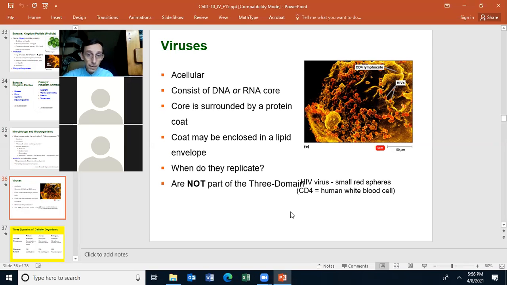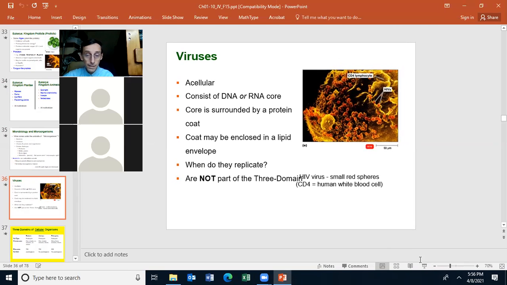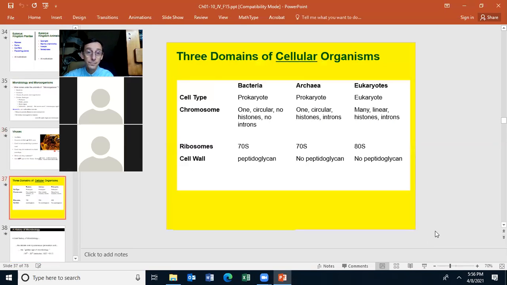Viruses are not part of the three-domain system because they're not cellular. They have no cells. Any question about that? We'll talk more about viruses near the end of the term.